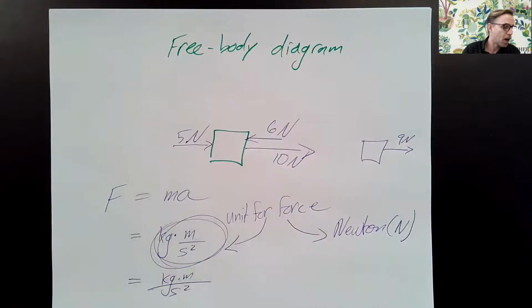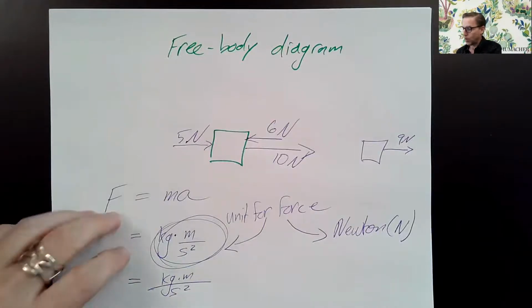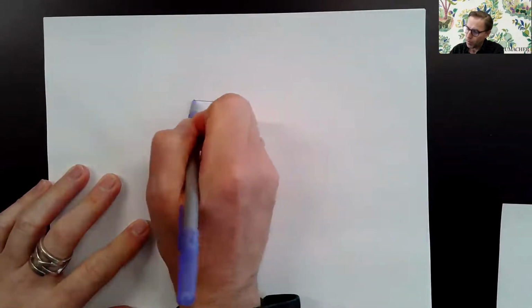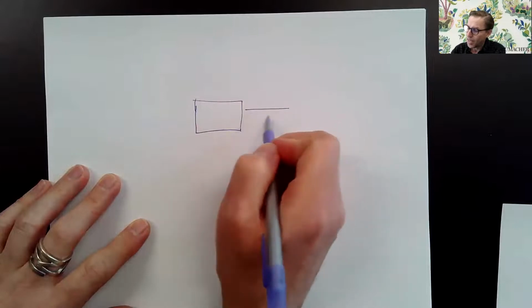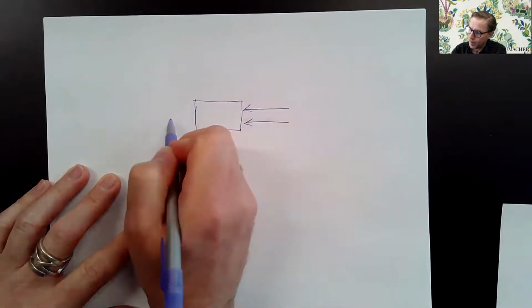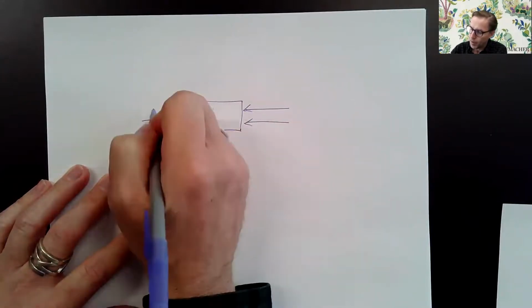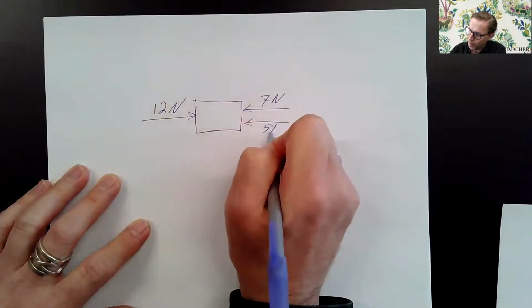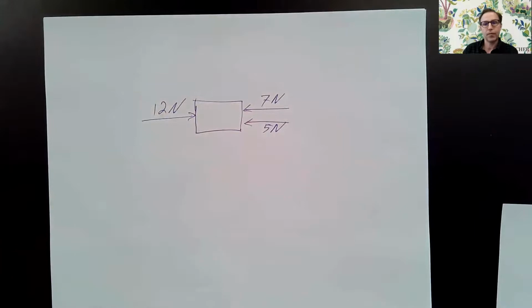Great. What else do I want to say? Let's talk about what if there are multiple forces acting and they just happen to add up to 0. 12 newtons, 7 newtons, 5 newtons.